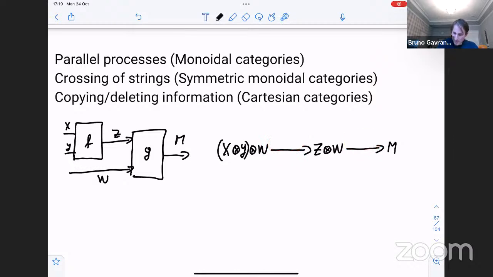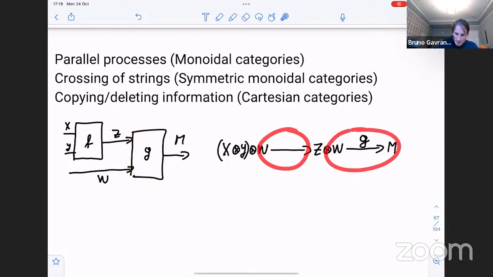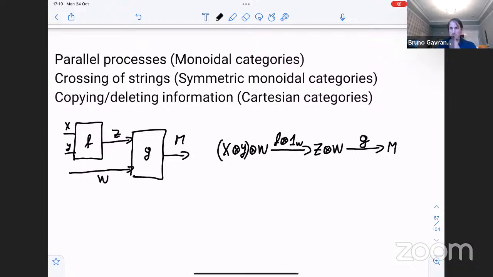The morphism on the right side is going to be G, because we see G takes Z times W into M. And on the left side, it's slightly more complicated. We see it's going to be F, but we also see we're going to have in parallel an identity wire on W. So this is going to be written as one W.